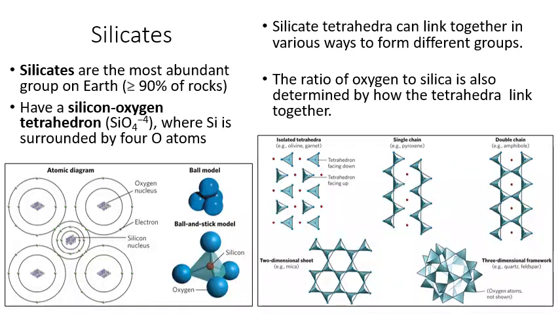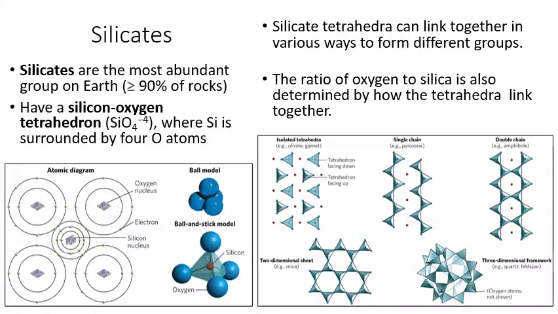Importantly, silicates all have these silicon-oxygen tetrahedra, where one silicon atom is surrounded by 4 oxygen atoms. And the way that we have different minerals forming from this silicon-oxygen tetrahedra is that the tetrahedra are arranged in various ways to form different subgroups within the silicates.